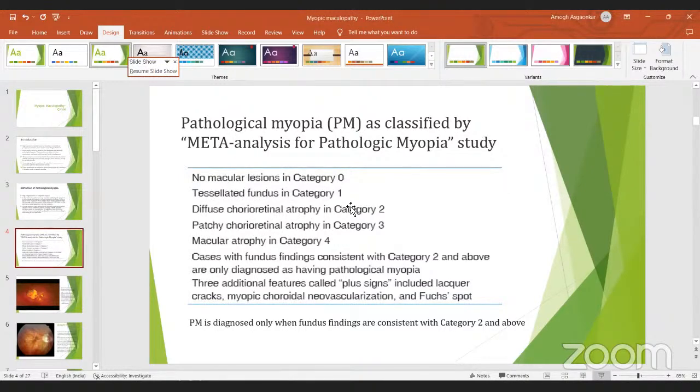Go to the presentation mode, slideshow mode. So now is it happening?